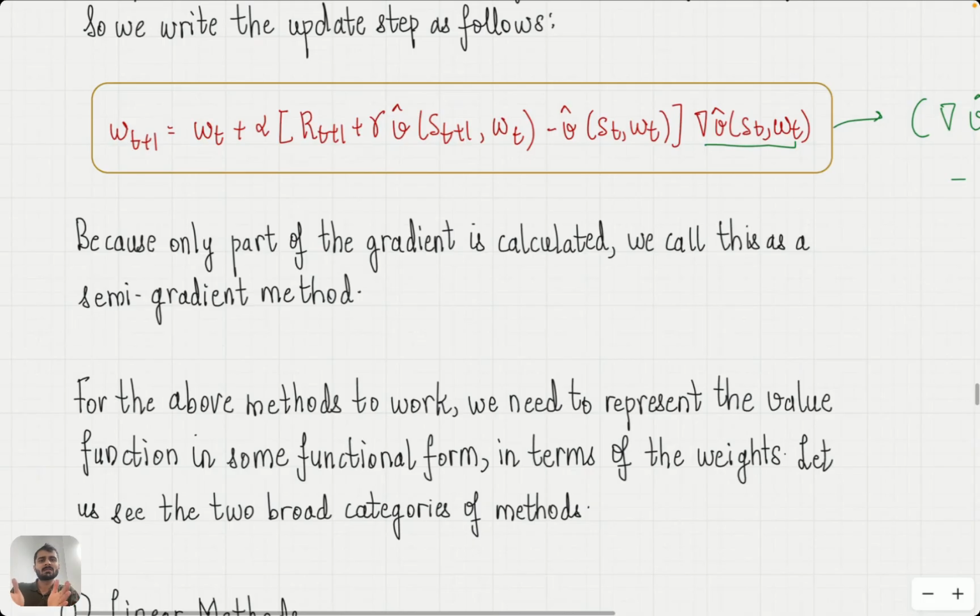If we look at certain states in our agent environment interface, and we say that I'm going to find the values of only these states, and then use these values to estimate the values for all other states, then if we are able to achieve this generalization, it will give us the capability of observing only a few states, understanding the values of those states, and then extrapolating from those states to all other states in the state space. This is exactly what we focused on in the last lecture.